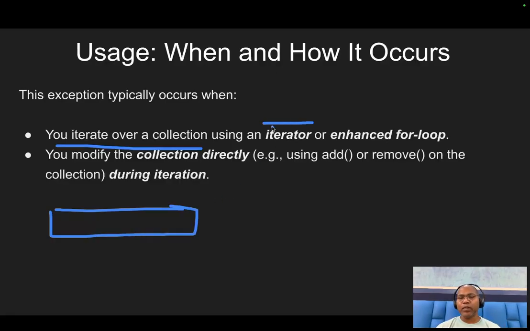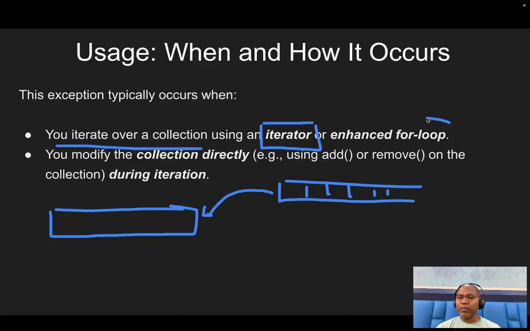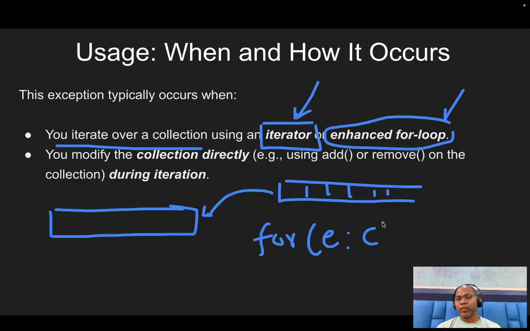One way is using the iterator, which reads the next element, or even the enhanced for loop. The enhanced for loop is just written like a for, your element, and your collection. This is the same thing.